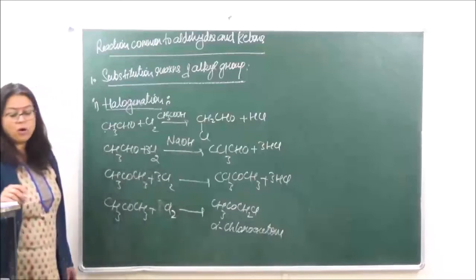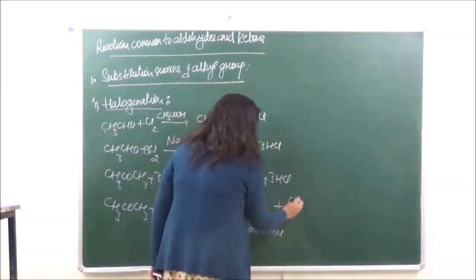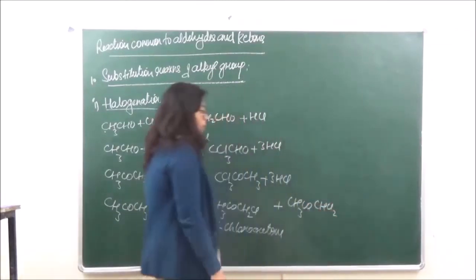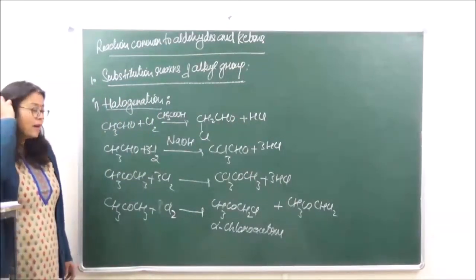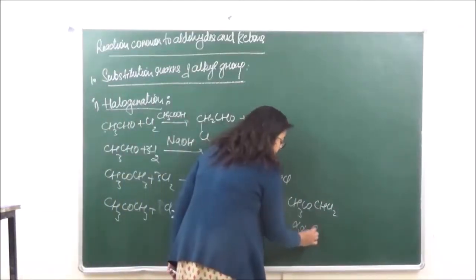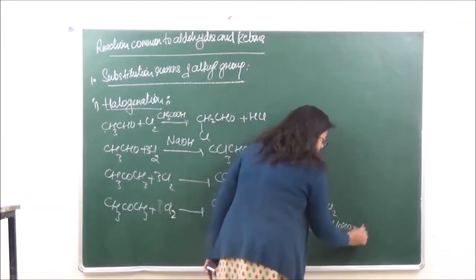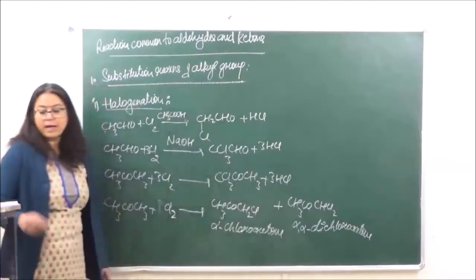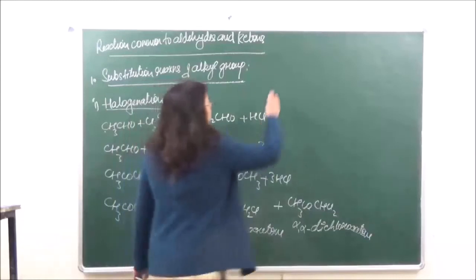And if both the chlorines are substituted, that is another kind of product which we can get over here, CH3COCHCl2. This is known as alpha dichloroacetone, right?